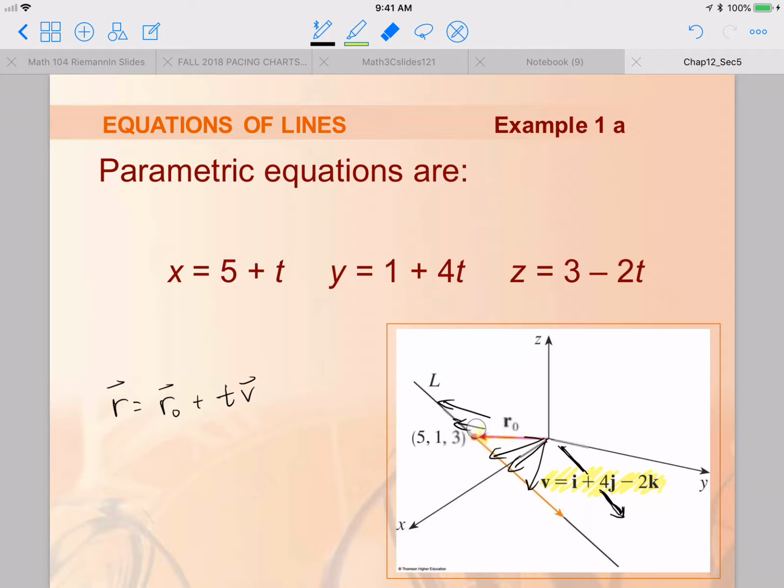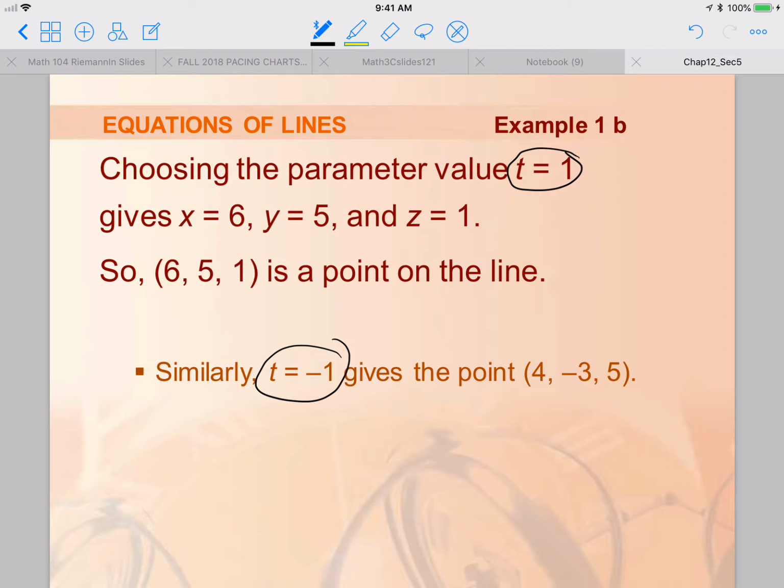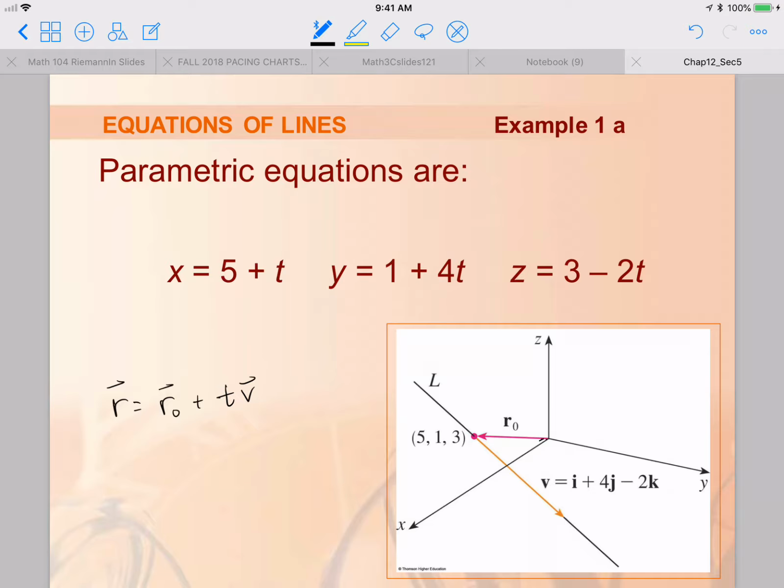So t equals 1 would correspond to, what do we get for t equals 1? 6, 5, 1.